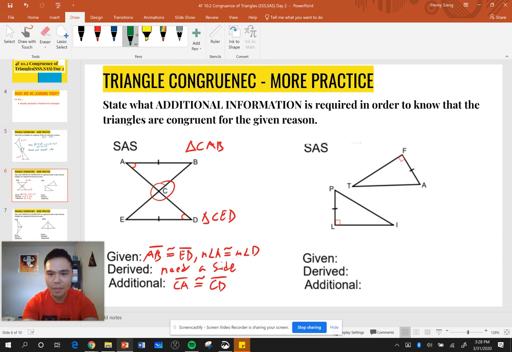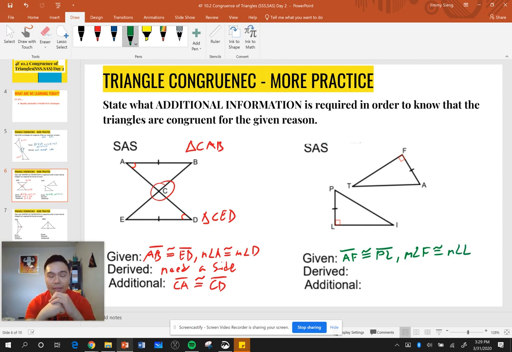So I'm given with those triangles, FA is congruent to PL, okay? And it looks like because they're right angles, measure angle F is congruent to measure angle L.